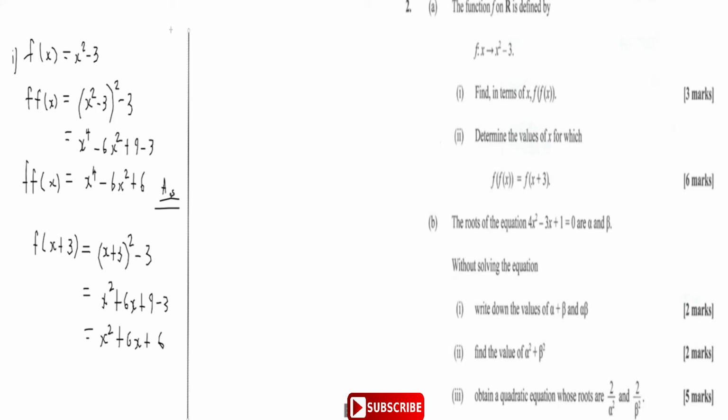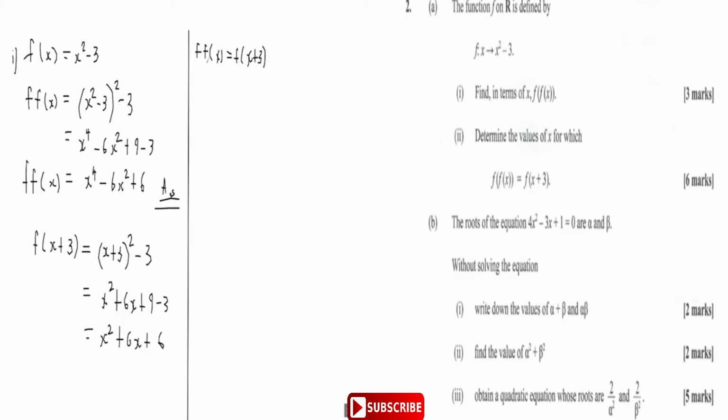Solving f of x equal to f of x plus 3 is nice and easy.